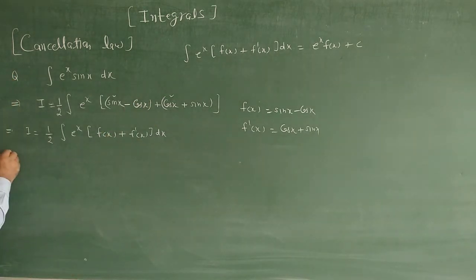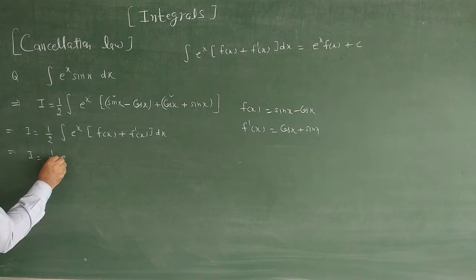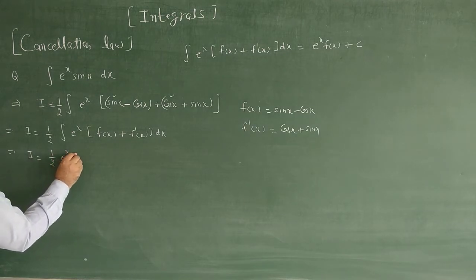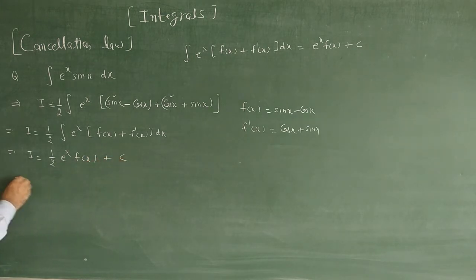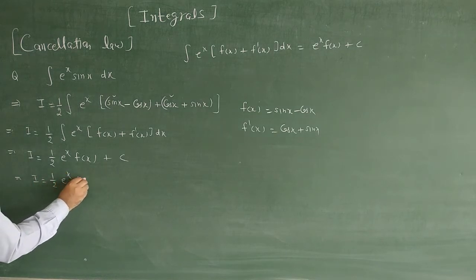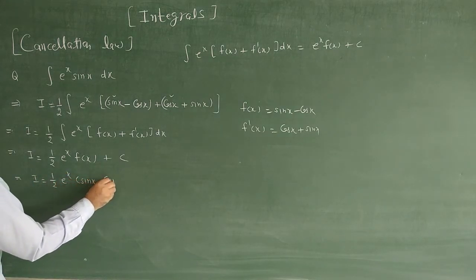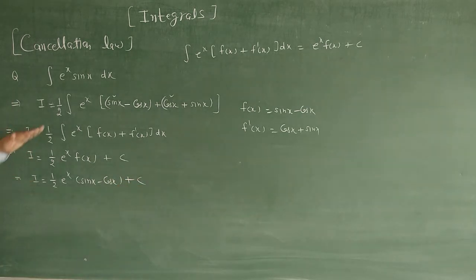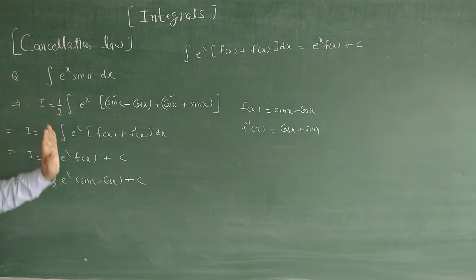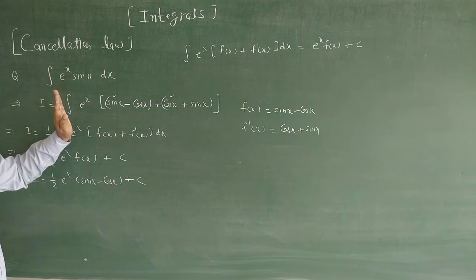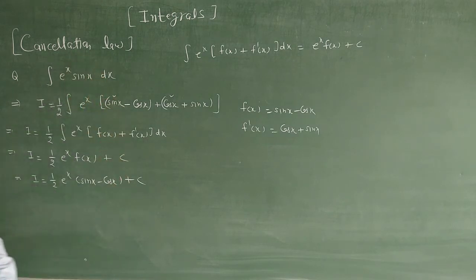So now the solution is I equals 1 upon 2 e to the power x f x plus c. Finally, I equals 1 upon 2 e to the power x times sin x minus cos x plus c. So this is the solution of this question using the cancellation law. If e to the power x is available in any question, you can go through the cancellation law.